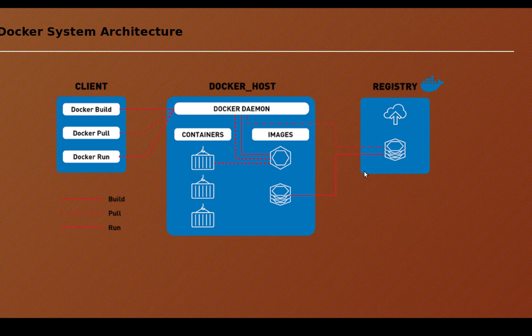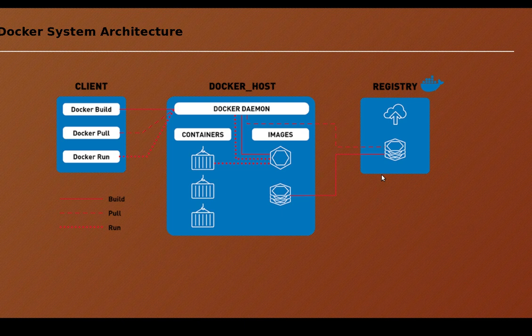And we have the third component, which is the registry. Like in Maven, or in Git we have repositories, where we push our code, and that code can be accessed by any other person who has the authority to access it. Like that, here also we have a registry where we push our built images, and those images will be accessible to other people who have access to this repository.